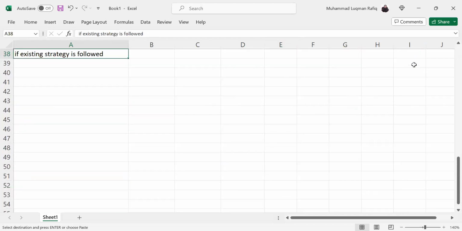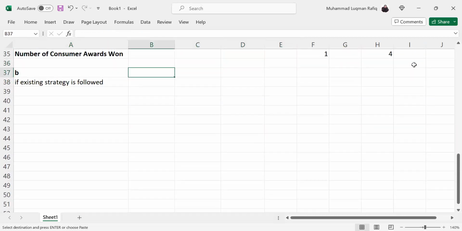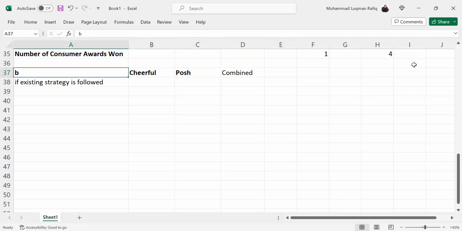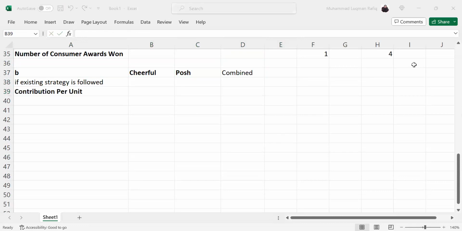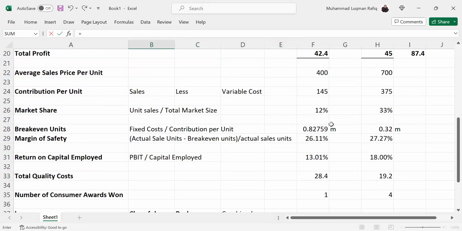So what's going to happen is that this is Cheerful, this is Bosch, and this is combined, right? So what's going to happen? The contribution per unit right now is this.